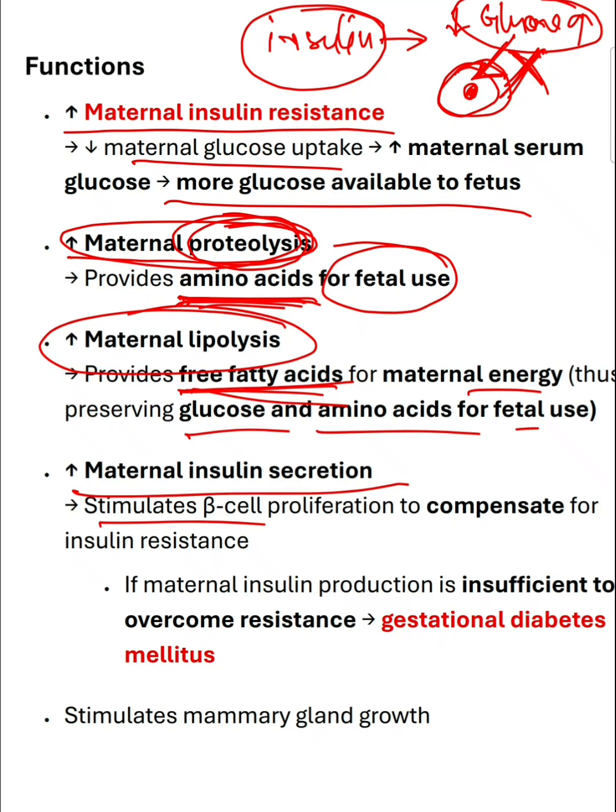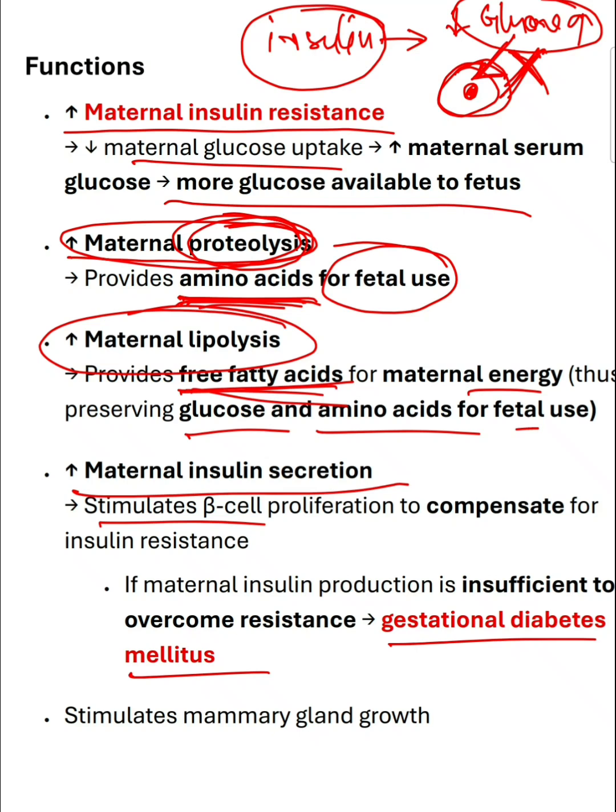But if the maternal body cannot produce enough insulin to keep up with this resistance, then the blood glucose level in the maternal blood will go up, and that is when gestational diabetes mellitus happens.